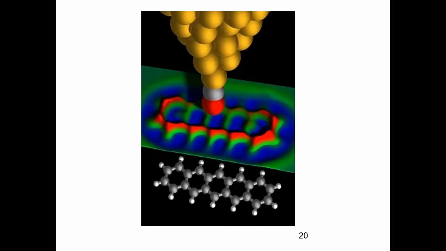The atomic force microscope used to make all these illustrations has a very sharp metal tip which detects the tiny forces between the atoms. Notice the model illustrated here is scanning pentacene from the two previous illustrations.